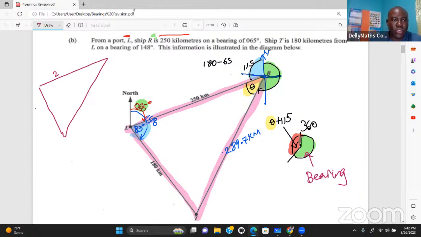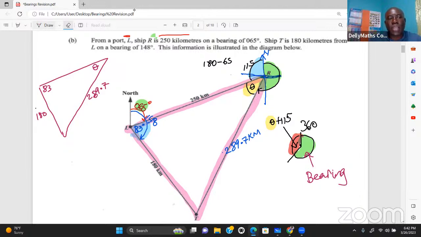We know that this is 250, but let's put the things on it that we are. There is 180 here. There is an 83 here. And there is this angle here, over here is 289.7 right there.